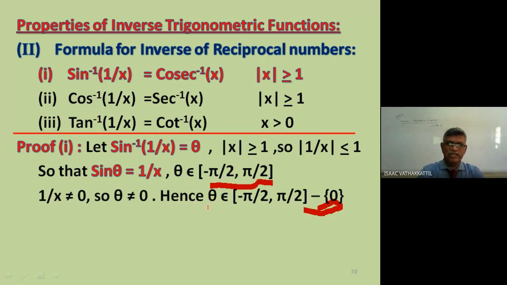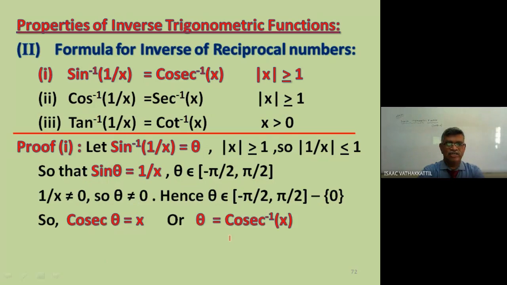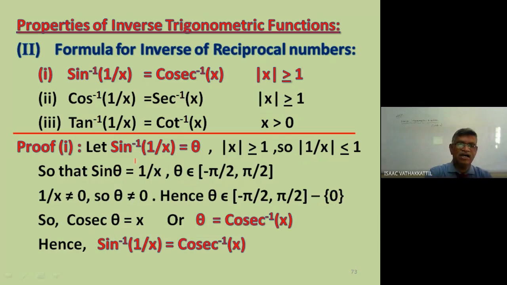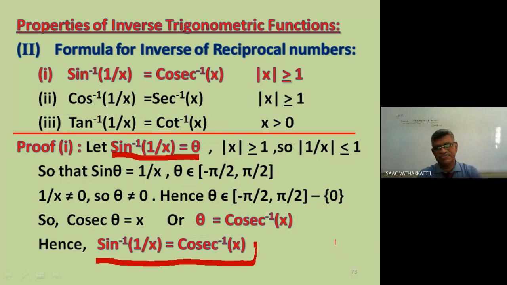So theta is in the principal domain of cosec function, so we can define cosec theta equal to x and theta equal to cosec inverse x. What is theta? Theta is sin inverse 1 by x. So sin inverse 1 by x equal to cosec inverse x.